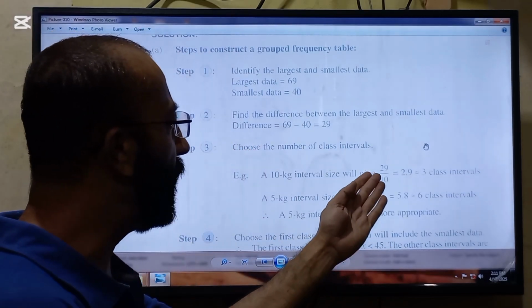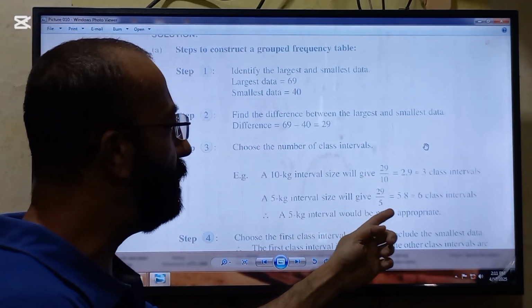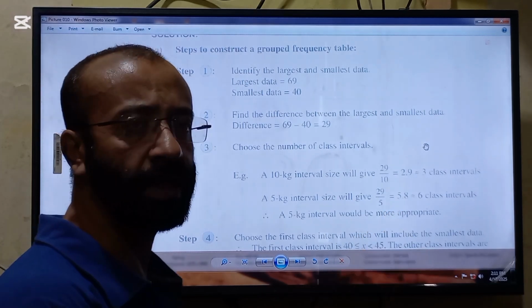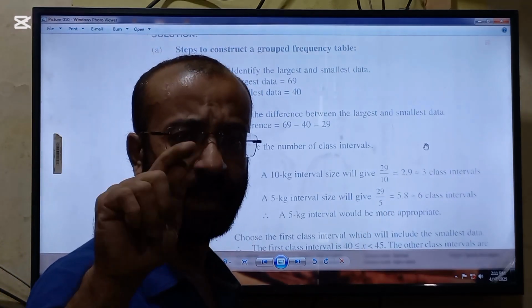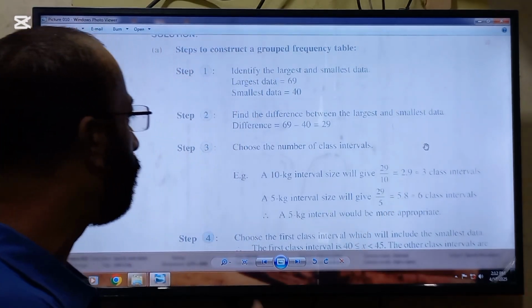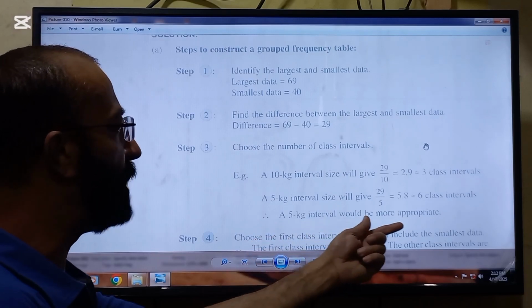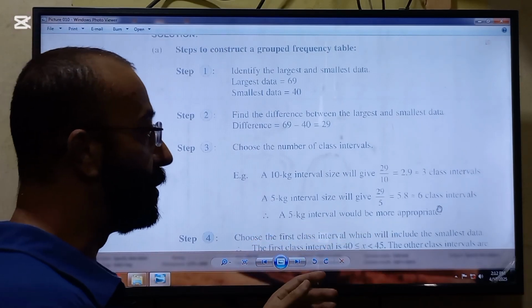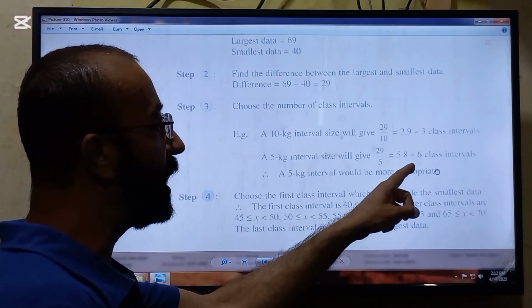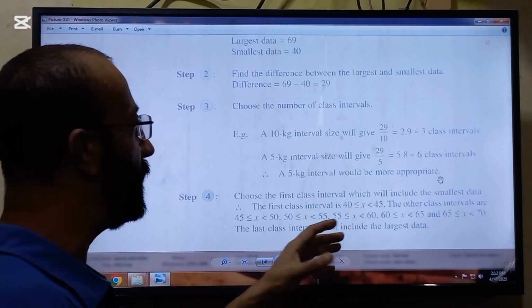So for example, divide 29 by 5, we will have 5.8, that is almost 6. So 6 classes are suitable, I think. So it means a 5 kg interval would be more appropriate. So this is the second step, that is we have decided.